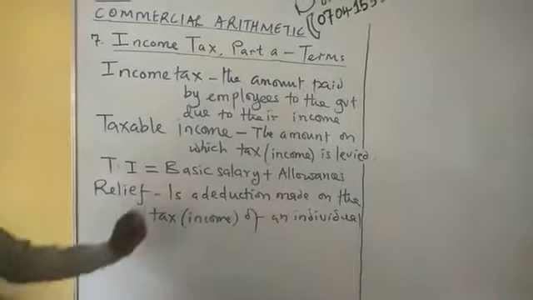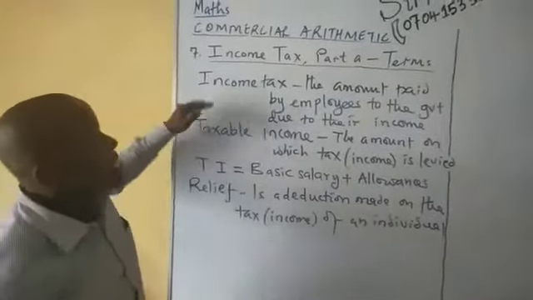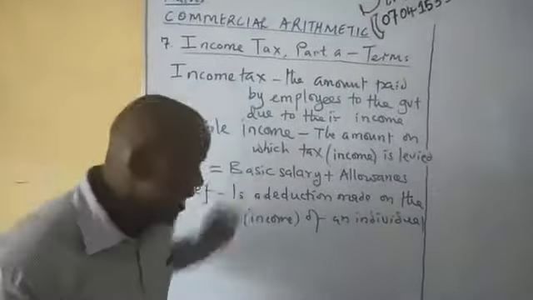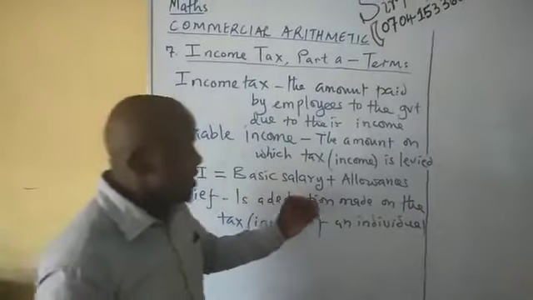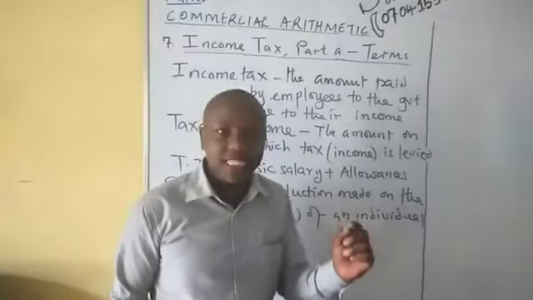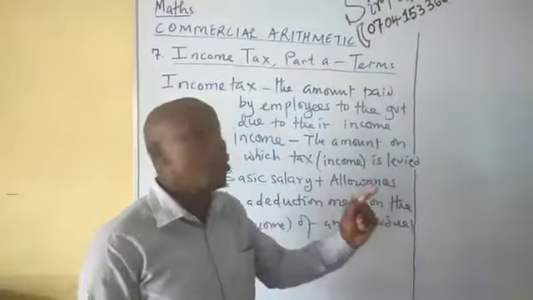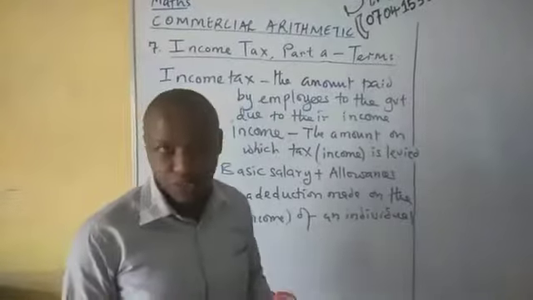Therefore, you may find that after calculating the income tax due to a taxable income, we are arriving at a certain figure. Sometimes the government might not take the whole figure we've calculated, or the total income tax we've gotten after taxing your taxable income.